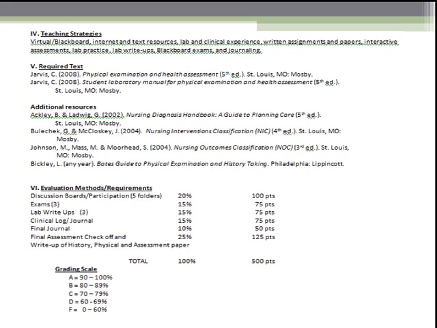And you will keep that as part of your portfolio, but you don't have to do a weekly journal this time. And our final is going to be a complete health history on the same patient you do your health checkoff on. You will write that physical assessment checkoff, so the history and the physical exam will be together with an assessment in a paper, and we'll talk about that a little bit more. And that's 25% of your grade.